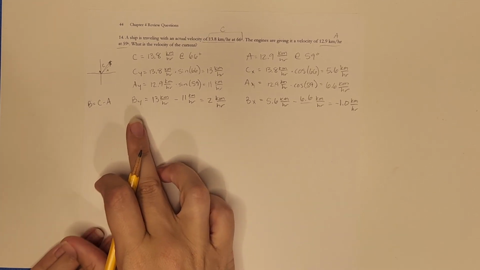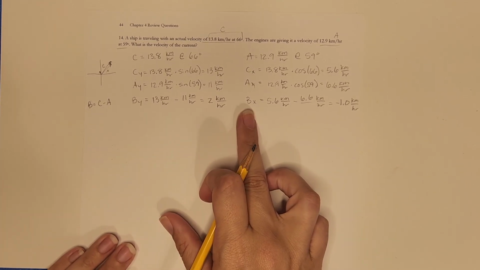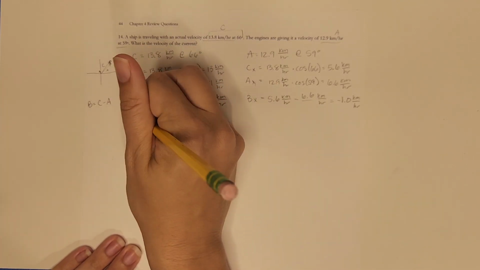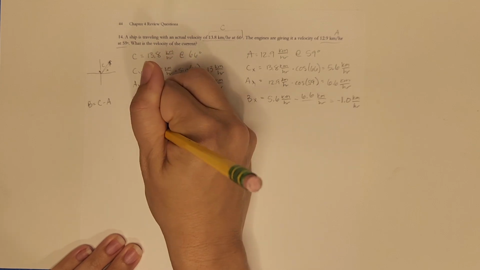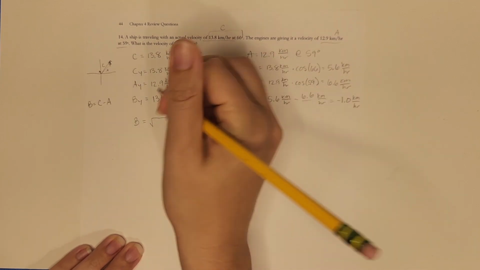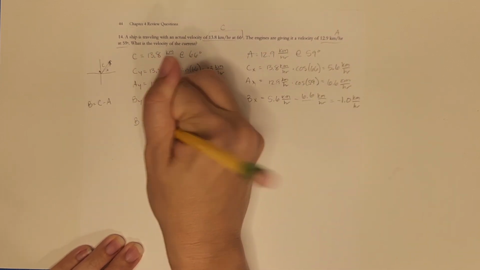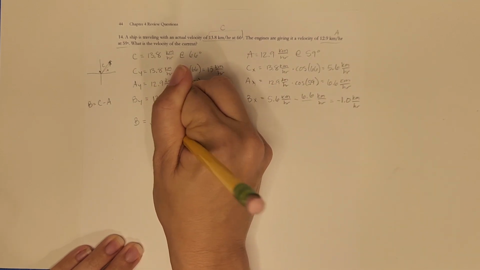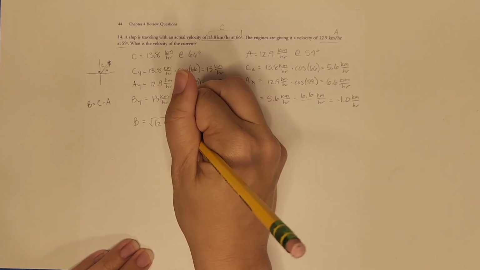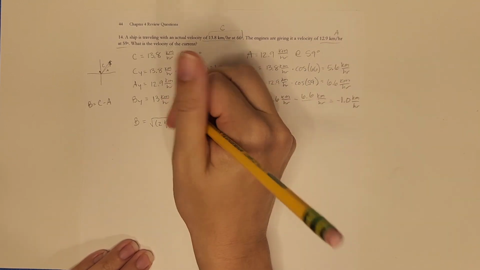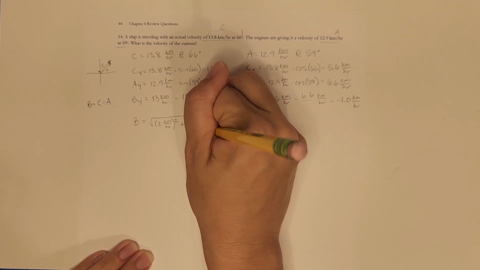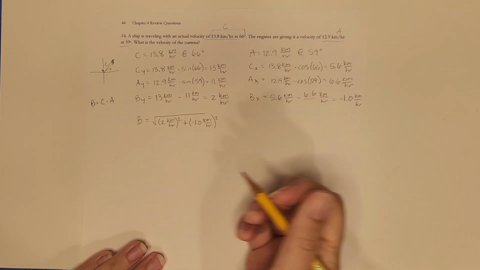So now that we have y and x, we can determine what B is using our hypotenuse formula. So we have 2 kilometers per hour squared plus negative 1.0 kilometers per hour squared.